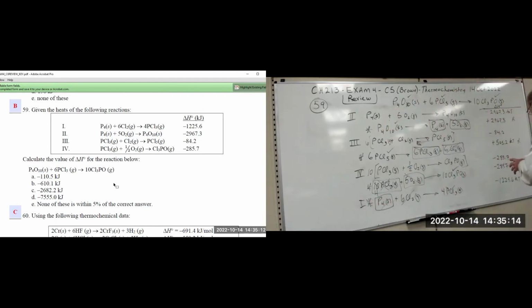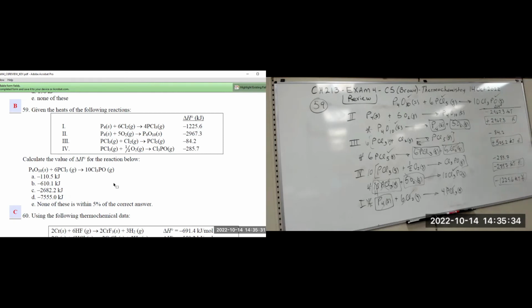Okay, so now we can add this one, this one, this one, and this one. And that should give us our delta H for the target.